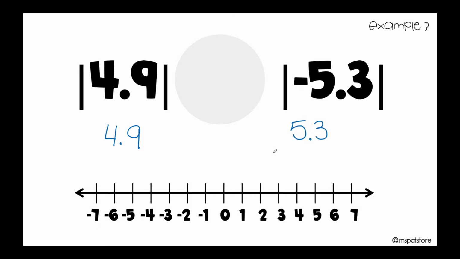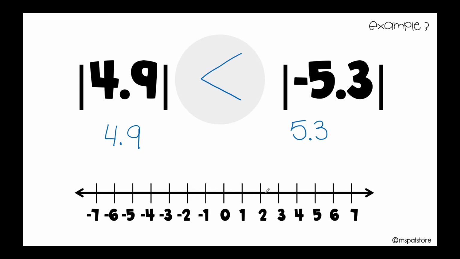5.3. Okay? If you want to, you can plot these points here on the number line. If not, you can easily see that 5.3 is greater than 4.9. So my sign will be pointing at the smallest number, that in this case is absolute value 4.9.